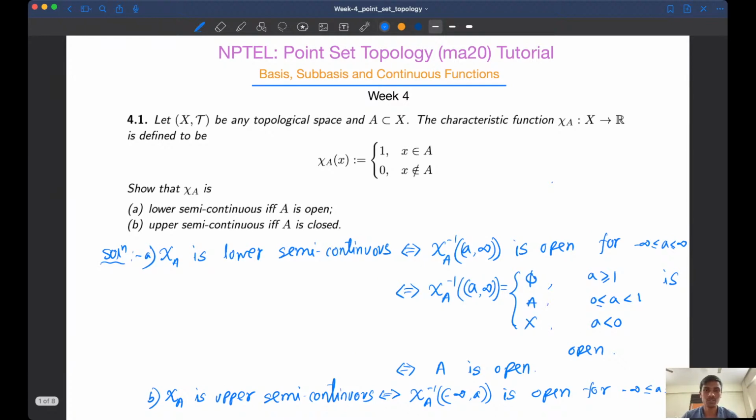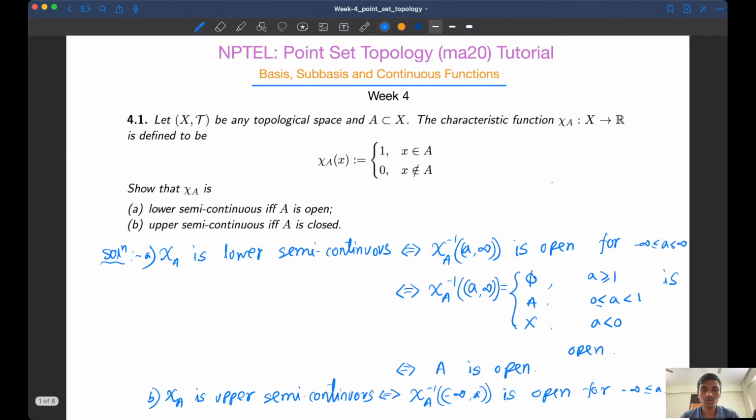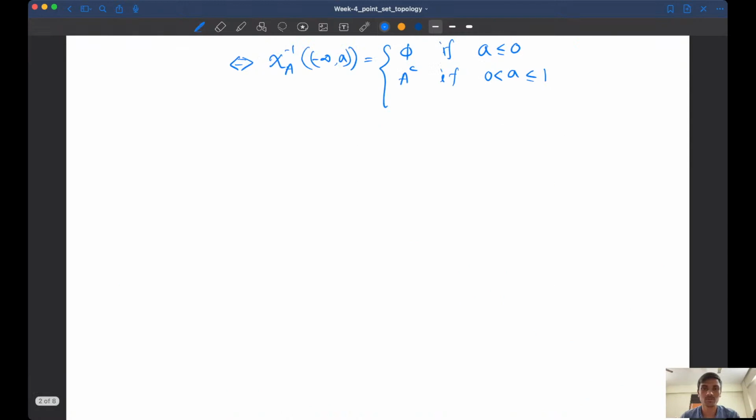If it includes 0, so if a is strictly between 0 and 1, then it will include the points which do not belong to A, that means x belongs to A complement. So then chi inverse is A complement, and this is the whole of X if a is strictly greater than 1.